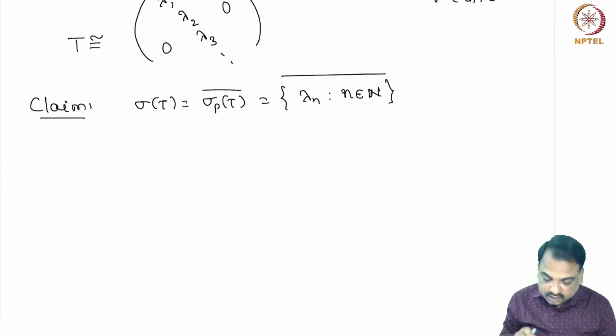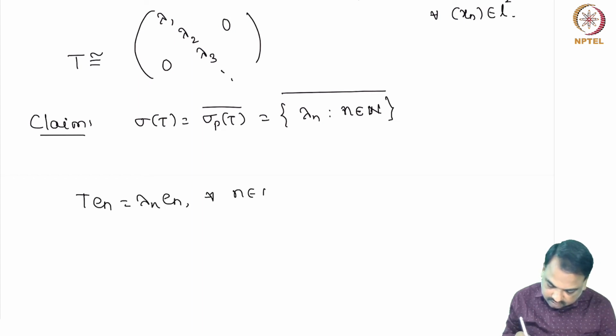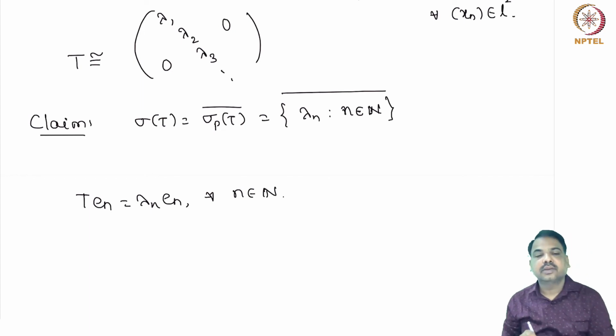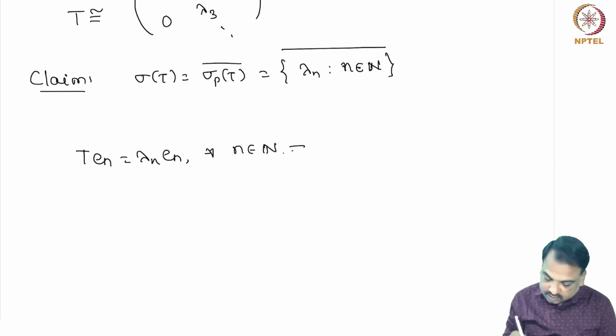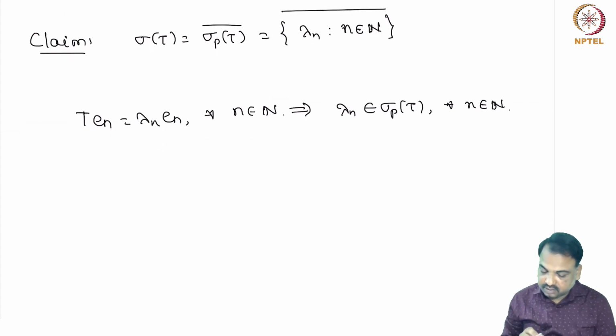Okay, so one thing is clear that T of En is lambda n En for every n in N, where En is the standard orthogonal basis for L2. So this implies that this set lambda n is in the point spectrum for every n in N. Now we want to show that the closure of the point spectrum is exactly the closure of lambda n, n in N. Okay.